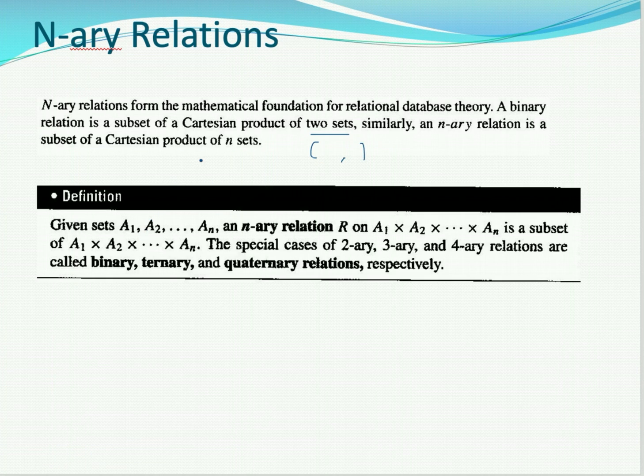So if let's say we have an n-ary relation, for example a ternary relation, we will have X, Y, and Z. Same goes if we have 4, then we have X, Y, Z, and alpha. So the special cases of n-ary relations are called binary, ternary, and quaternary relations.